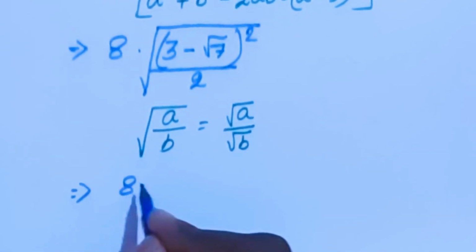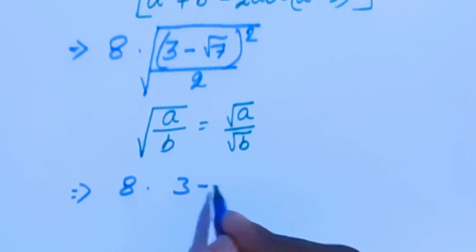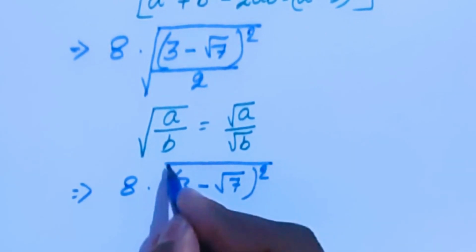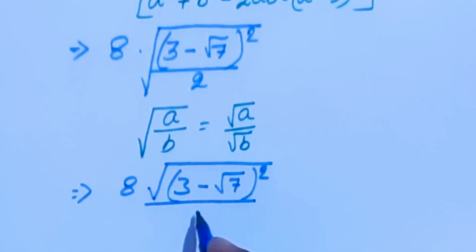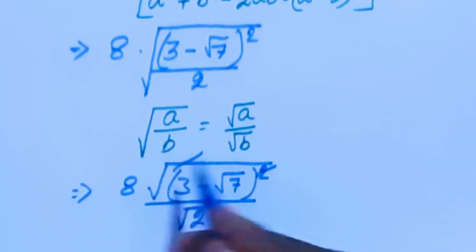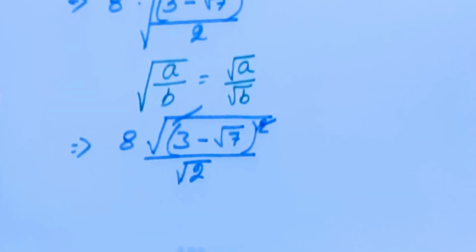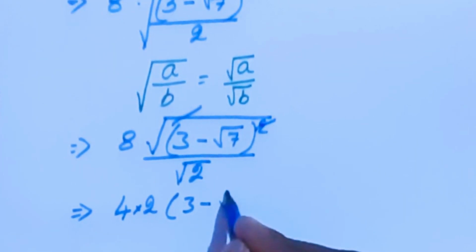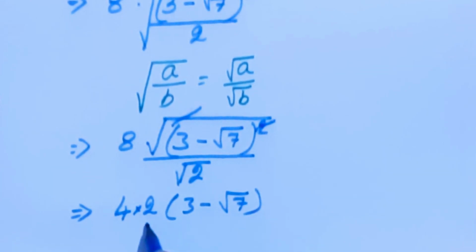So 8 times 3 minus square root of 7 whole square in square root, by 2 in square root. Now this square and square root will cancel each other. Now this 8 can be written as 4 times 2 times 3 minus square root of 7, by square root of 2.